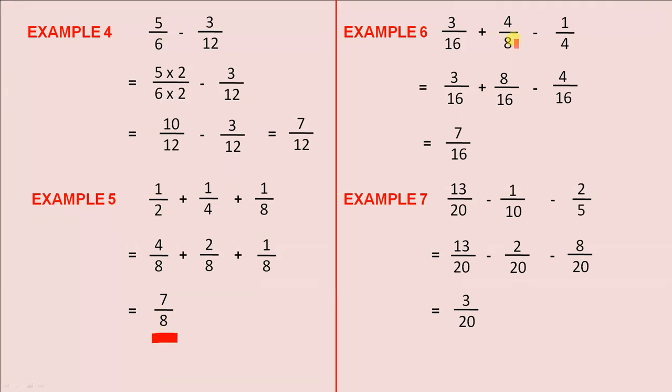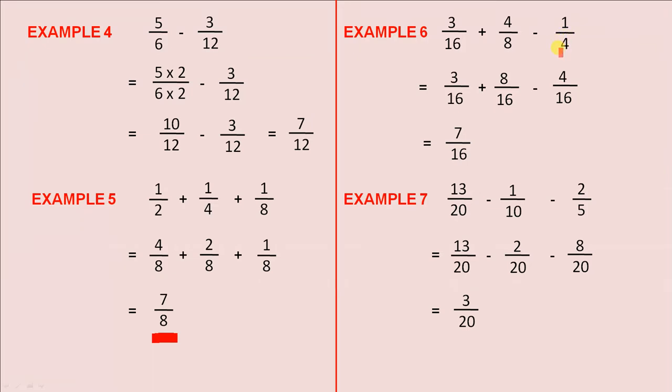3 over 16 plus 4 over 8 minus a quarter. Because of that 16, each of these denominators needs to be 16. To make this denominator here a 16, multiply top and bottom by 2. That gives us 8 over 16.